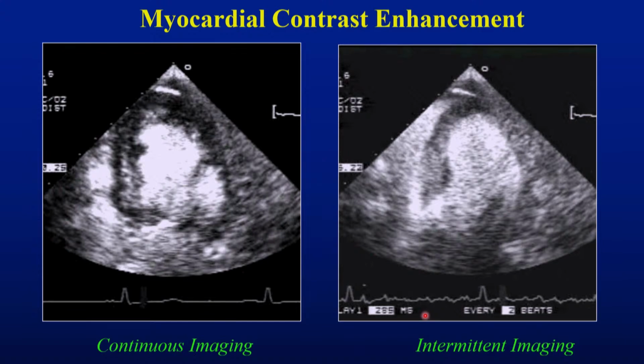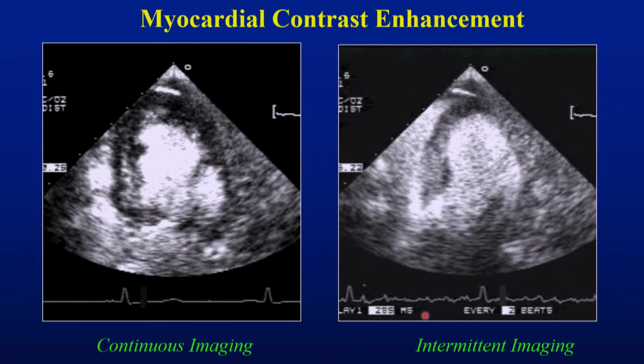I'm destroying with that mechanical index because the motion is so little in the myocardium. I'm destroying pretty much everything in the myocardium. Unless I use, on the right side, intermittent imaging. I let the contrast come, stop imaging, recover, image one time, and then stop again. So intermittent imaging.